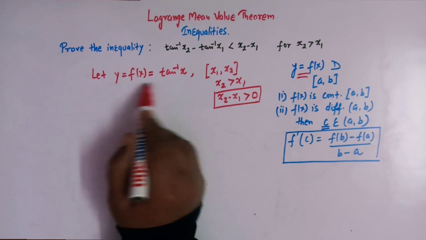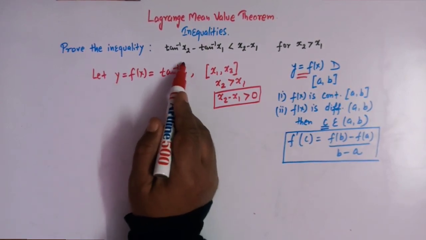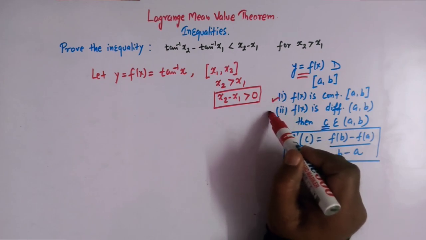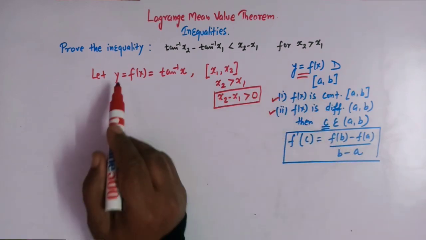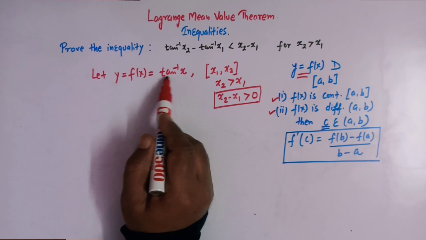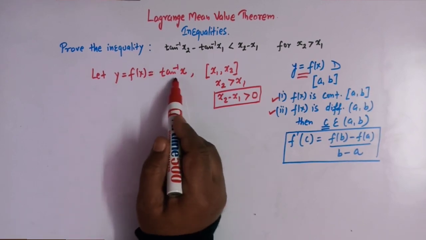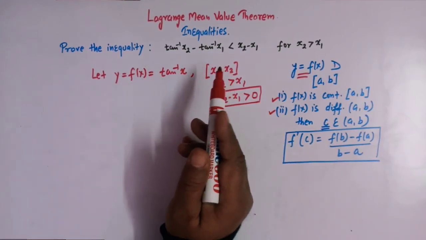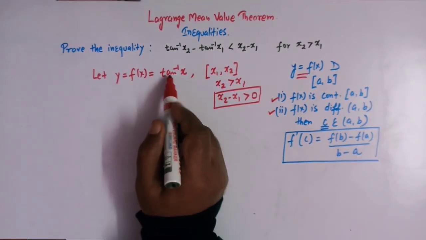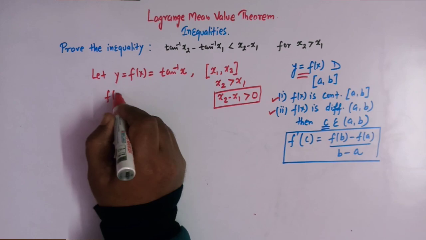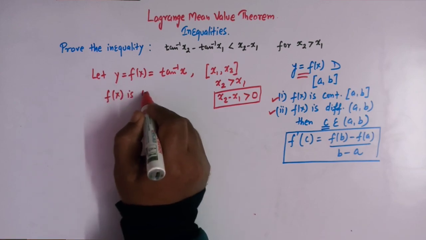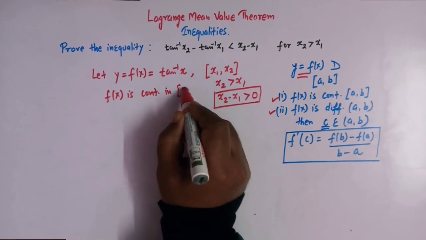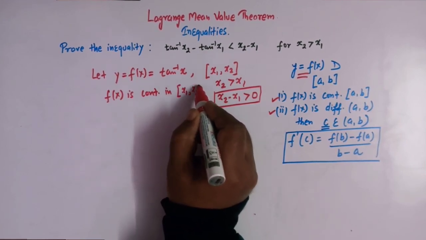Now let us see whether this function satisfies these two conditions or not. Here we see that tan inverse x is continuous in its principal branch, that is f of x is continuous in the interval x1 comma x2.